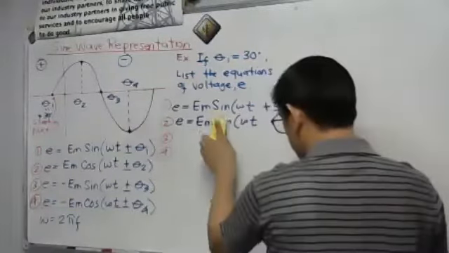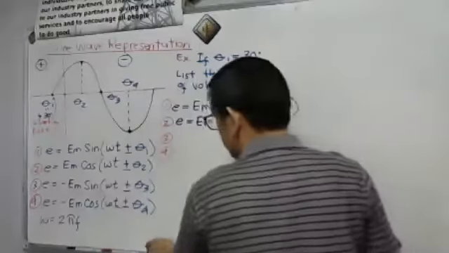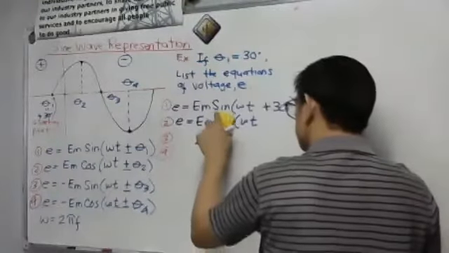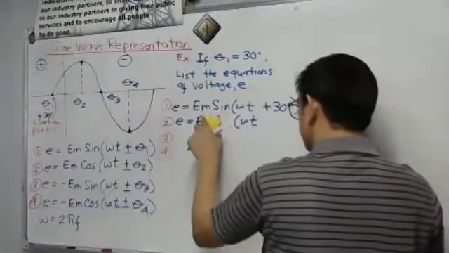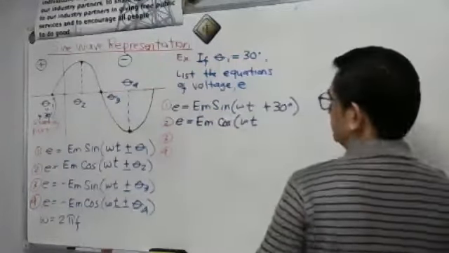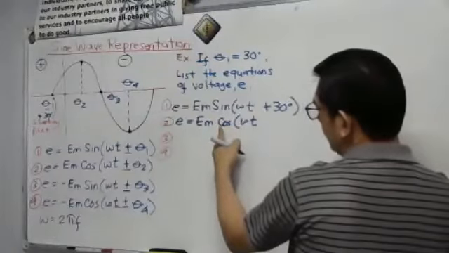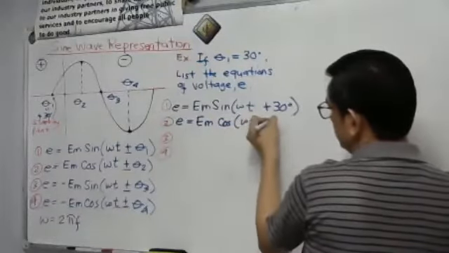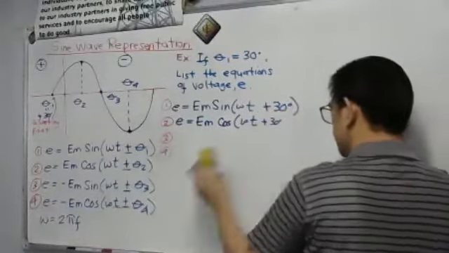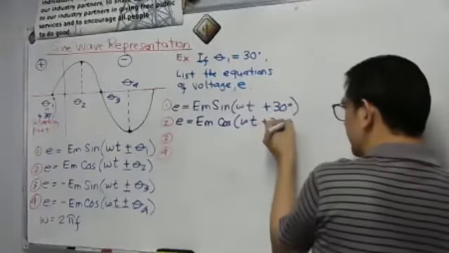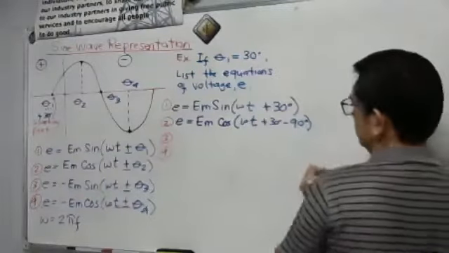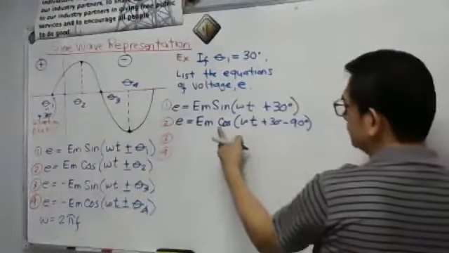From sine to cosine, with plus 30 degrees, you have to subtract 90 degrees. Take note of this.